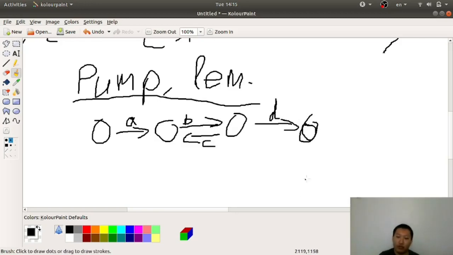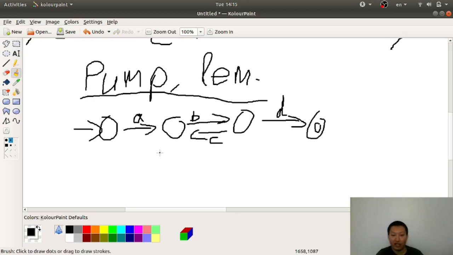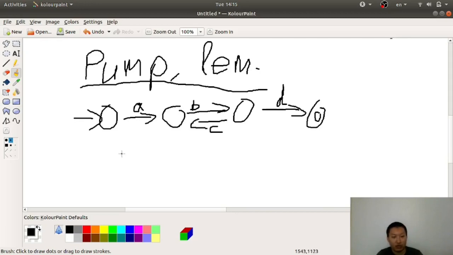Okay, so our flowchart looks something like this. Our start state is over here, our final state is over here on the right, and we have 4 states in total with some transitions between them. And let's say we have the string s equals a, b, c, b, c, b, d.